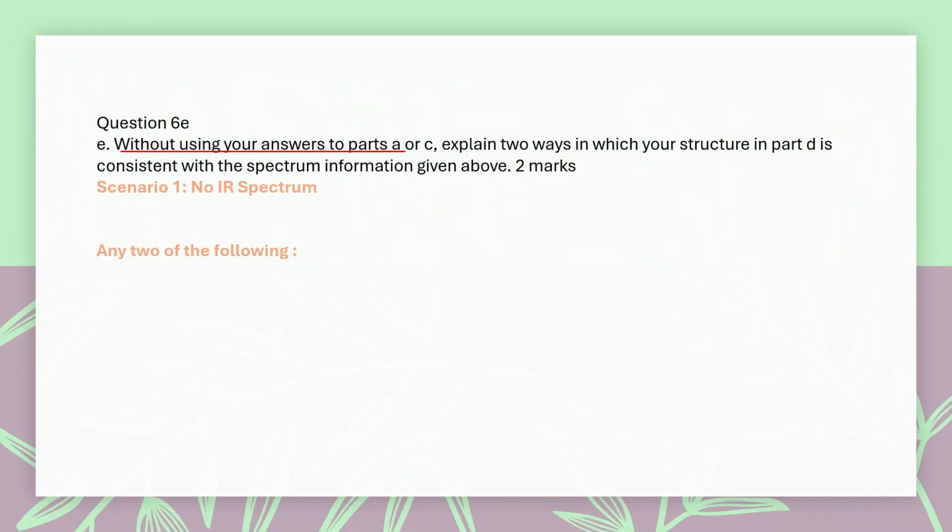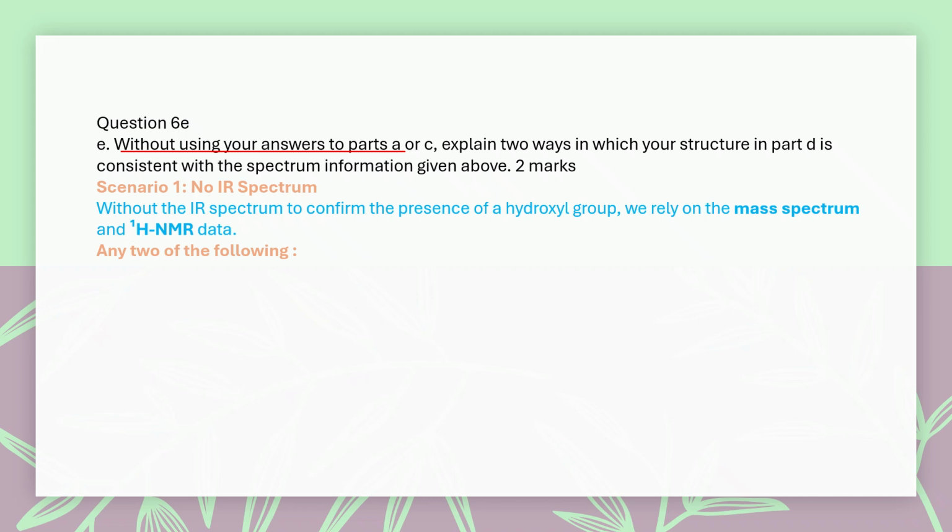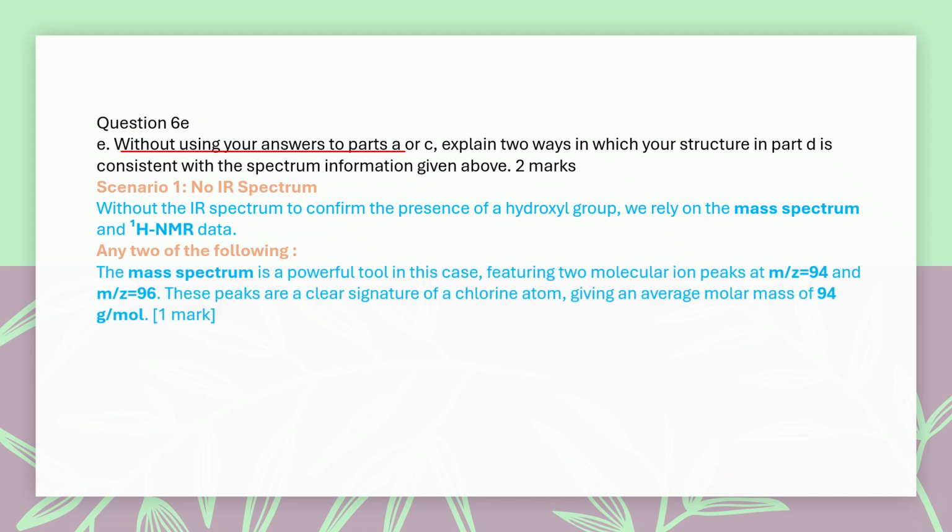Without the IR spectrum to confirm the presence of a hydroxyl group, we rely on the mass spectrum and the power of 1H NMR data. The mass spectrum is a powerful tool in this case, featuring 2 molecular ion peaks at m/z 94 and m/z 96. These peaks are a clear signature of a chlorine atom, giving an average molar mass of 94 grams per mole.